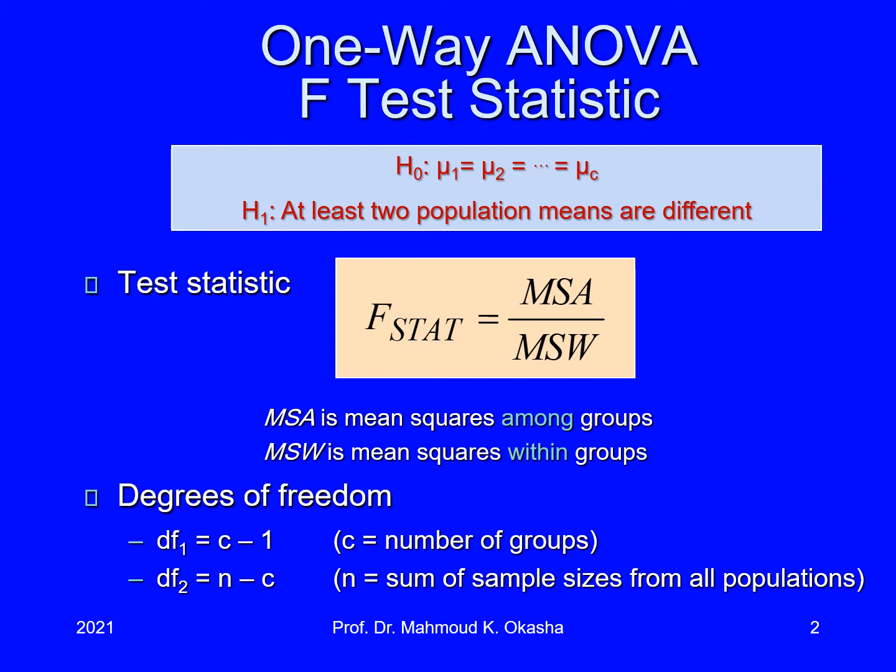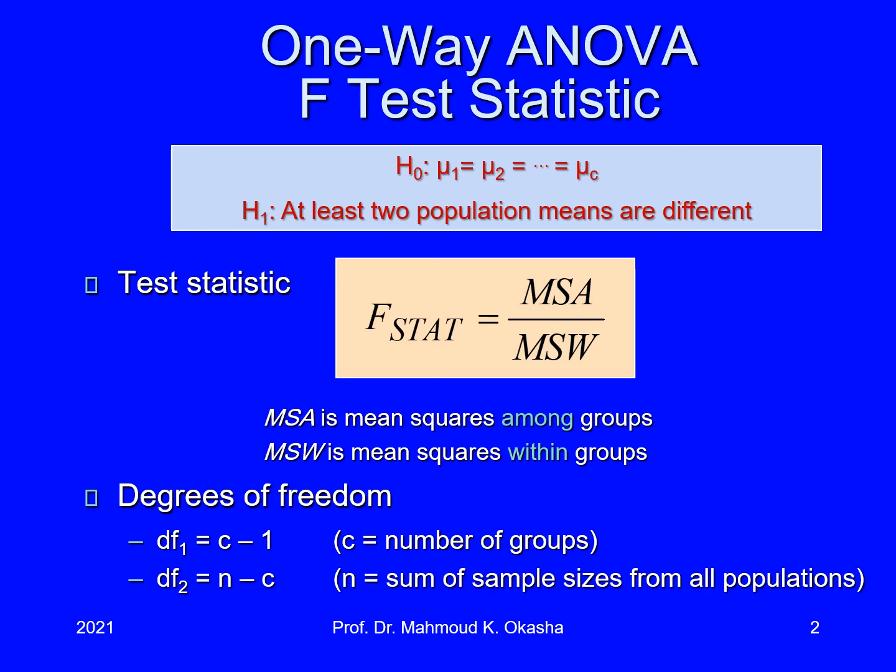The alternative hypothesis is always like that: HA is not all the population means are equal. Not all of them are equal.